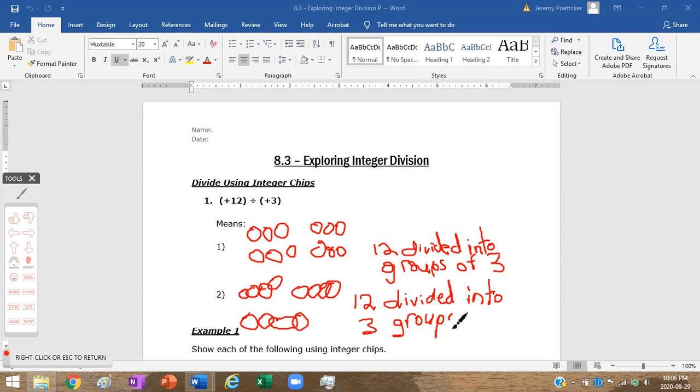And my quotient with number 1 was how many is in each group. Sorry, let's try that again. My quotient for number 1 was how many groups, right? I'm dividing them into groups of 3. I'm asking how many groups.